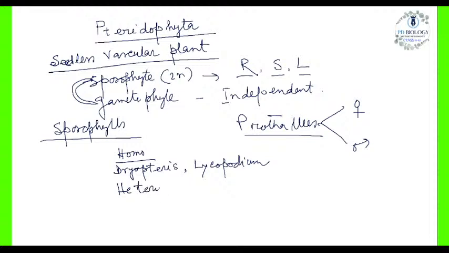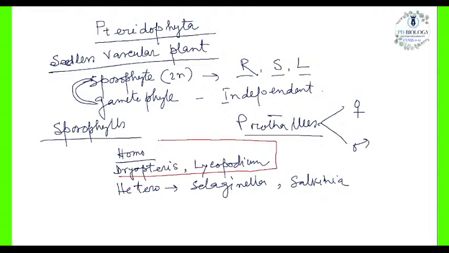Heterosporous, that is micro and macro spores, present in Selaginella, Salvinia. These are the prime examples of homosporous, and these are the prime examples of heterosporous.